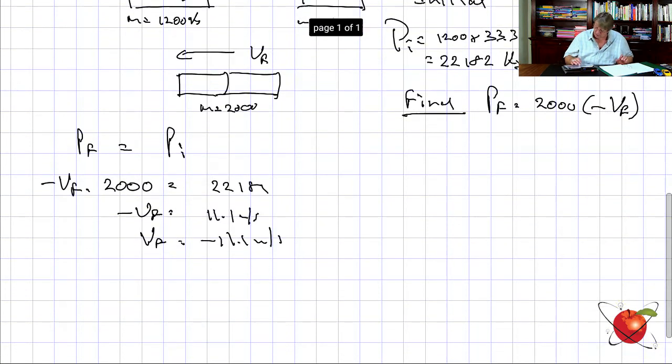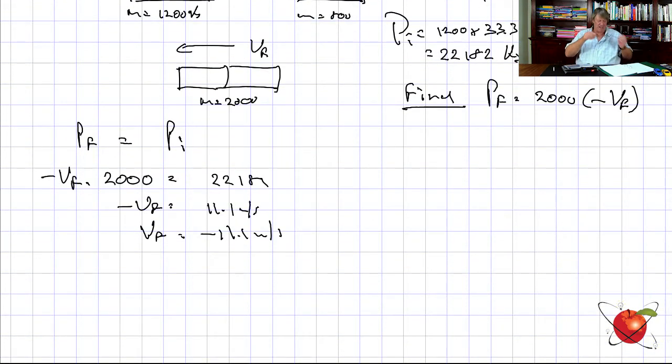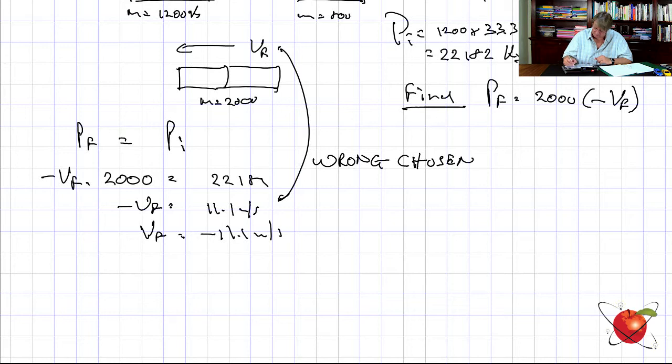And no, guys, this is not where we throw up our hands in horror and say, oh, I've done something wrong, it's negative. What does it mean? What did the minus mean? It means that we're going the opposite way. So we chose the wrong direction. Look, we said this way. Correct? That's all it says.